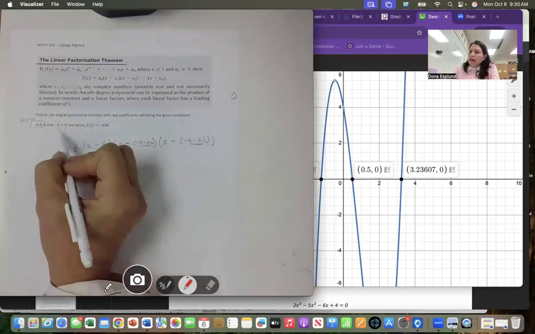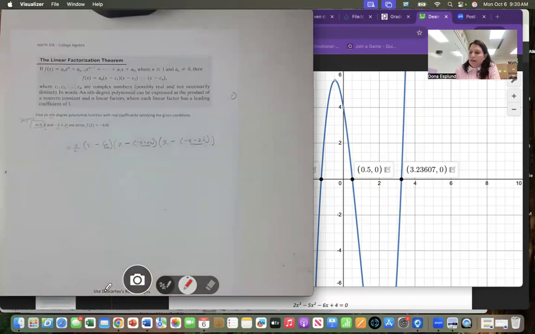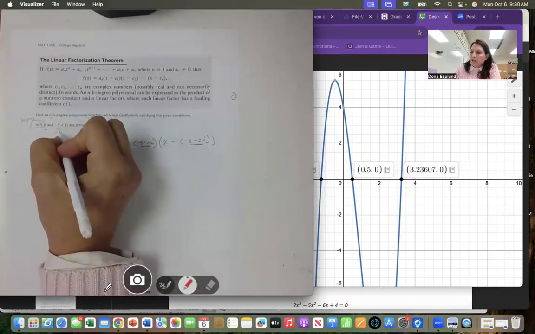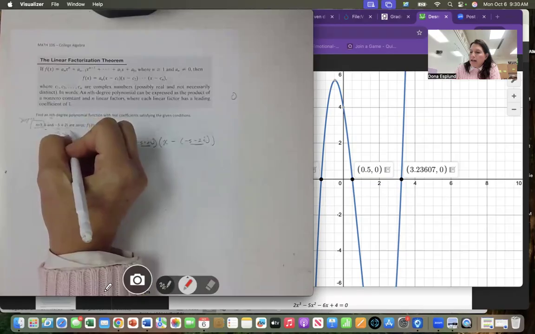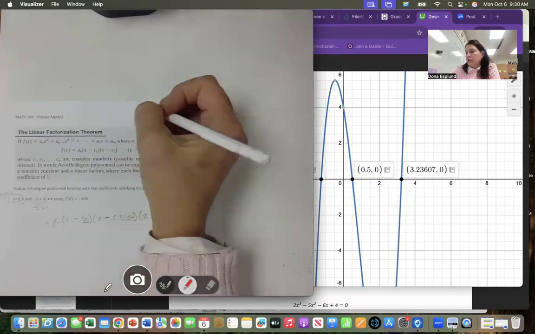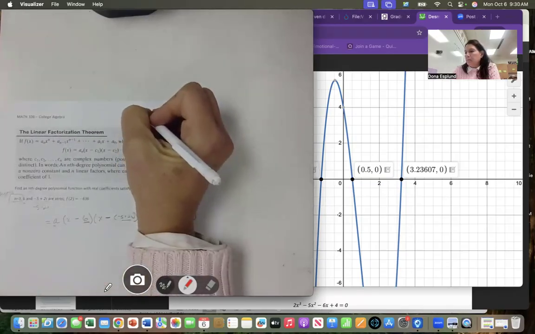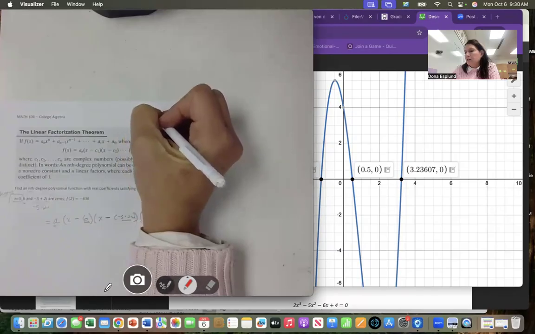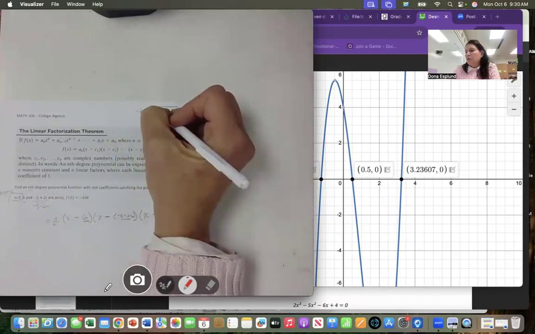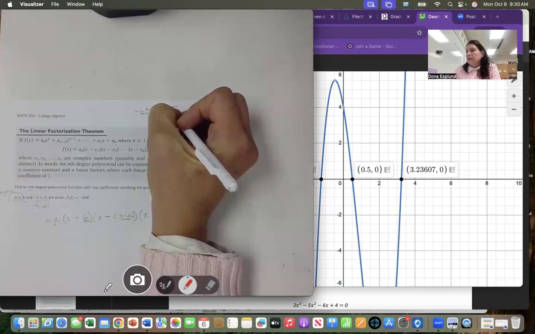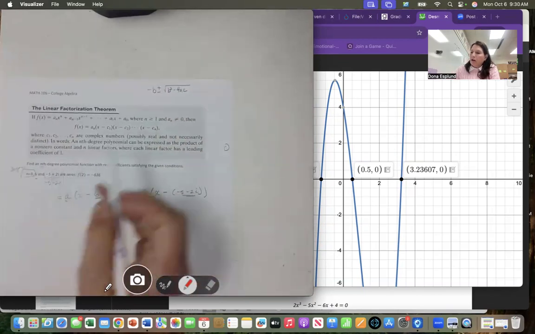Because I know that if they're giving me this one, then I will also have a -5 minus 2i from my quadratic equation. So remember, I have -b plus or minus the square root of b squared minus 4ac, all over 2a.